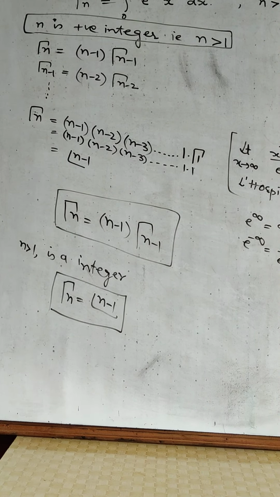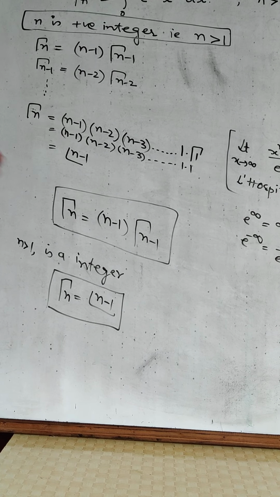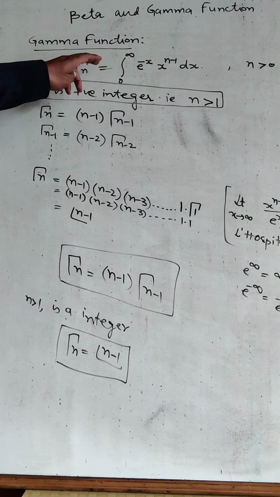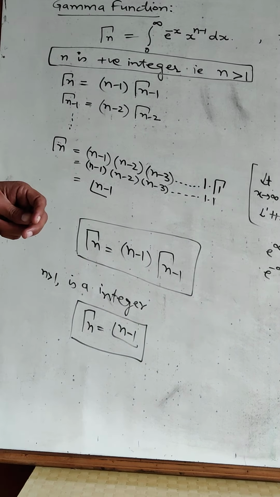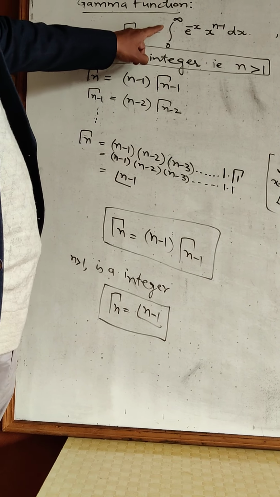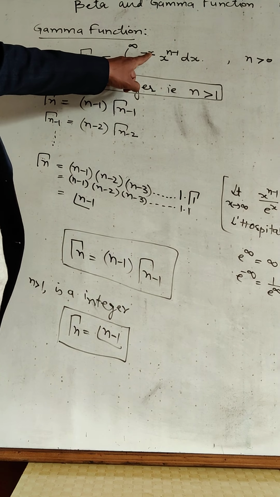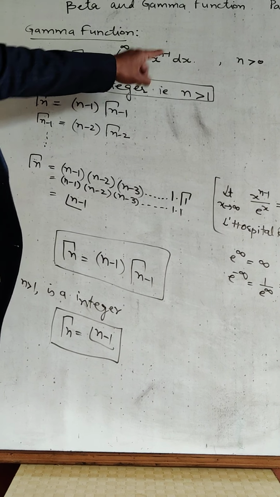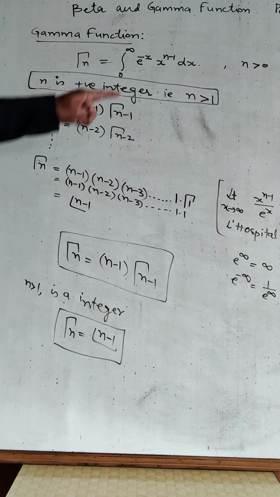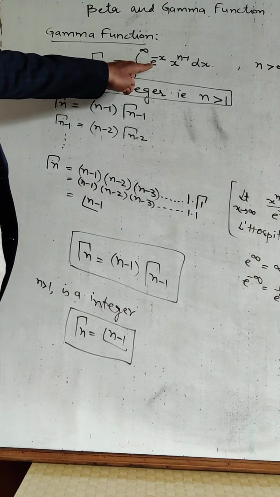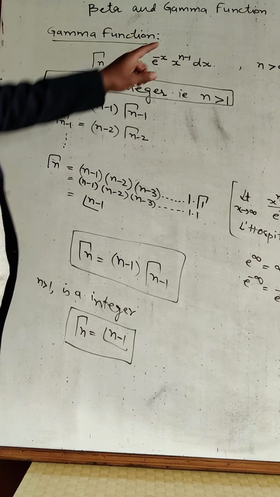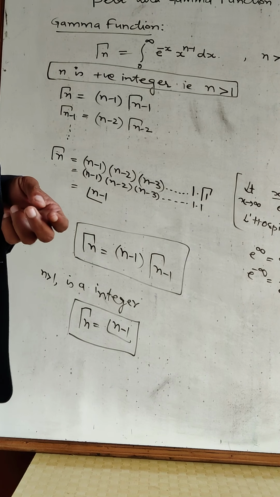Always keep in mind, I am just recapitulating, that gamma of n is a definite integral, also known as Eulerian second integral, with the limits 0 to infinity, e raised to the power minus x, x raised to the power n minus 1, dx. You have to always keep in mind that in the exponential function, the variable must be in linear form.